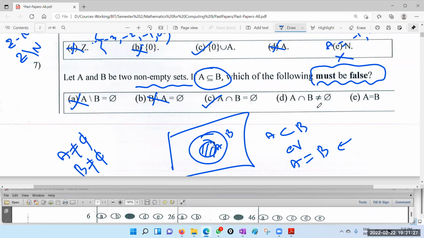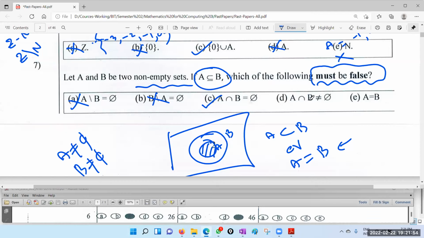Okay. And so this says A intersection B not equal to 5. Obviously A cannot be 5.